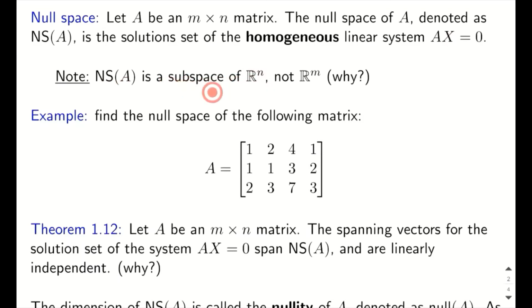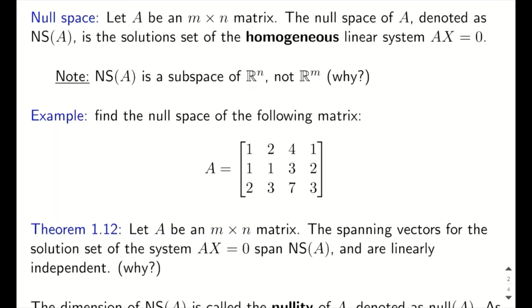This is one of the homework assignment questions that I assigned to you, proving that the solution set of the homogeneous equation is a subspace of Rn. And why is it Rn, not Rm?